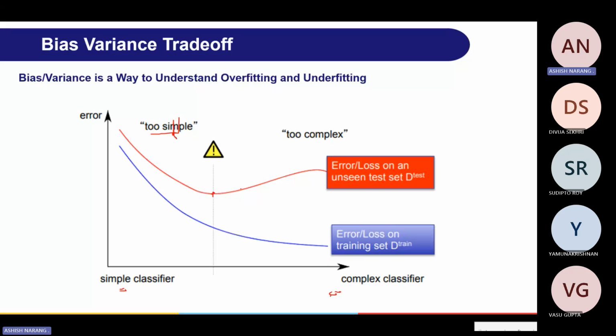Now, the second thing is the term variance, which means the model changes too much with the training data. A high variance model will become too complex, memorize the training examples, and fail on unseen data. Error or loss on the training data set is the training error; error or loss on the unseen data set is the test error.